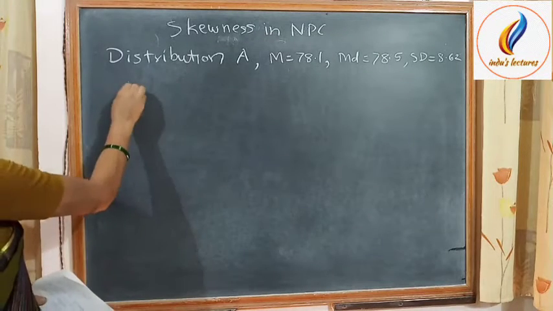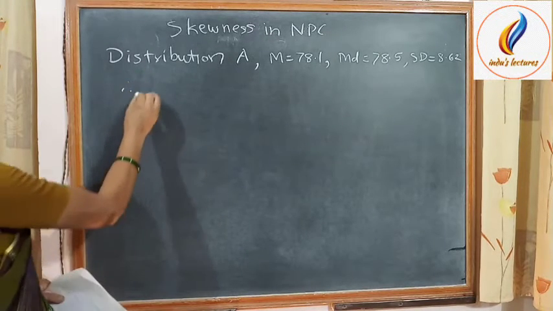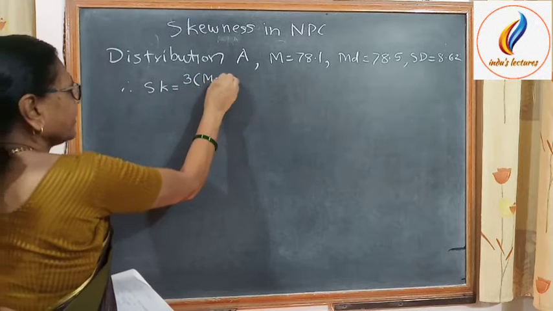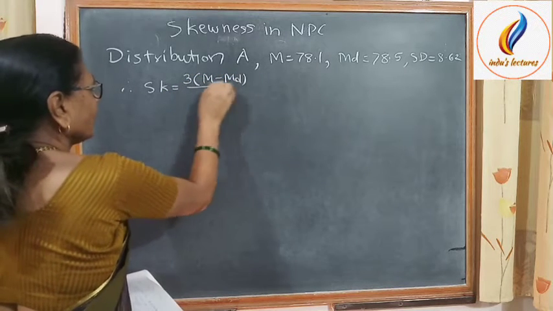So the skewness of this distribution can be calculated by the formula Sk is equal to 3 into (M minus Md) upon SD.